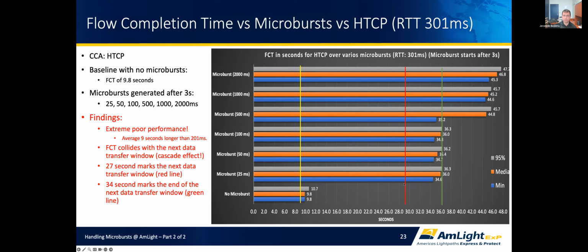So again, it shows that HTTP doesn't do well for microbursts, but it's now getting much worse because now we have 3 microburst scenarios that went over the second data transfer, almost getting close to the third data transfer window from this picture here. So again, it shows that HTTP is not ready for this.